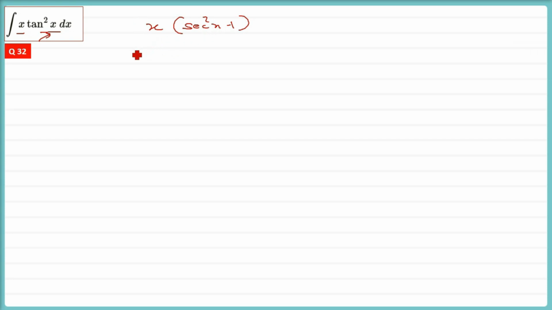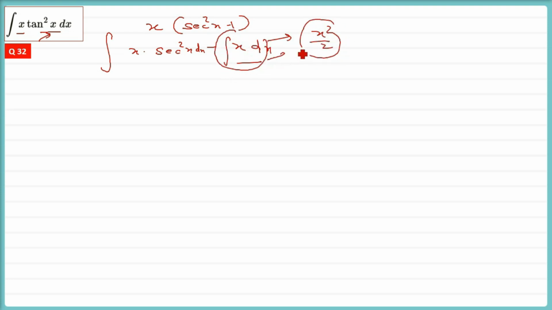And when you have this sec square x minus 1, you can separate them out. It can be written as x sec square x minus x. When you integrate these two, take this dx along. Integration of x dx is quite simple, x square by 2, and we are just keeping it in our temporary storage, so we'll get it back whenever we require it.